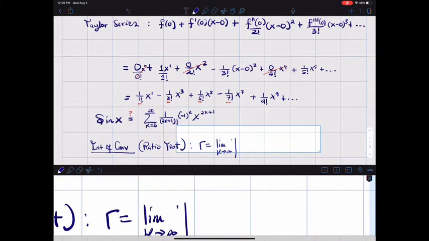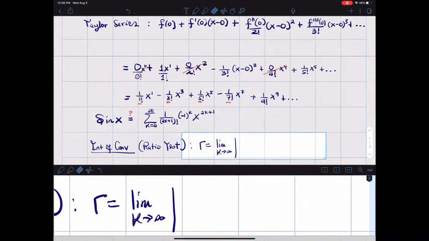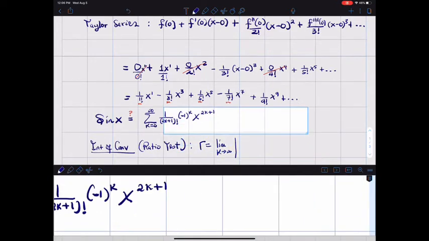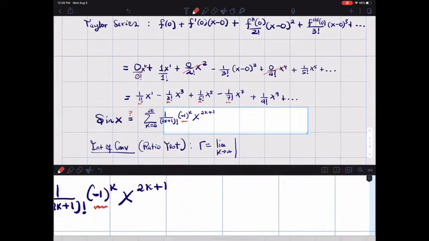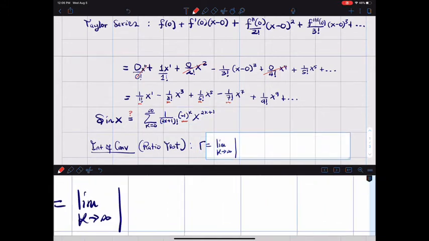So let's look at our a_(k+1). We're going to look for absolute convergence. So let's not even worry about this part, because if you remember from last time, whenever you take the absolute value, it goes to 1 anyway. Let's just focus on a_(k+1).